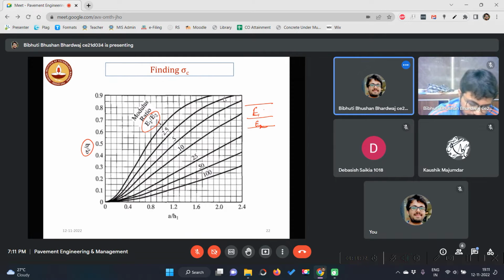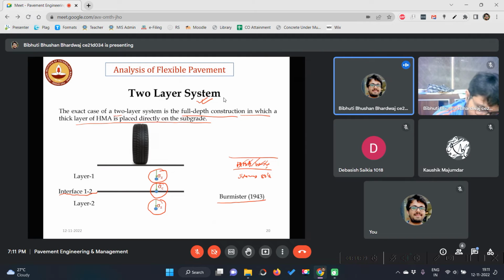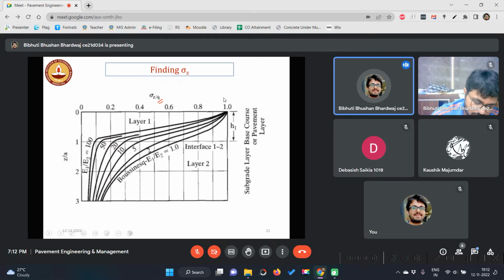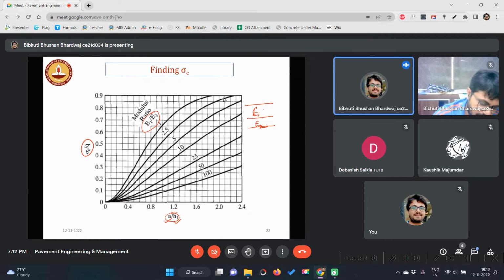And a by H1: a is always the contact radius, and H1 is the first layer thickness. The second layer thickness is infinite, so we only need to know the first layer thickness. If you know a, H1 and E1 by E2, you can find the stress at the interface. We need to know that because it is calculated at the top of the subgrade. We need to know what sigma c is.